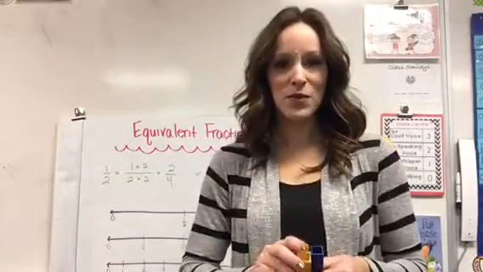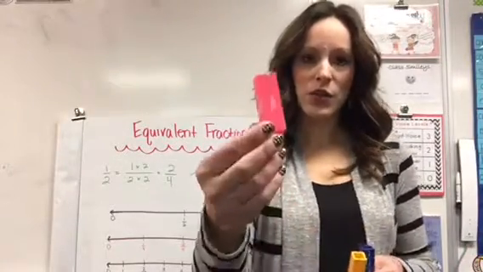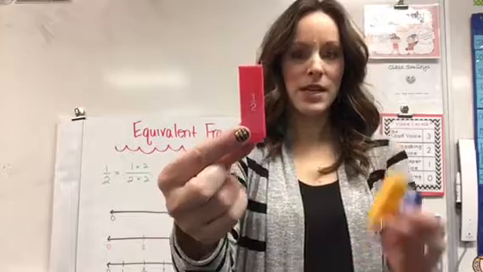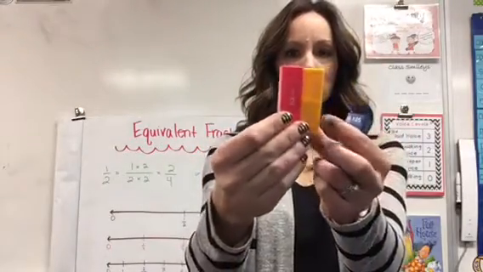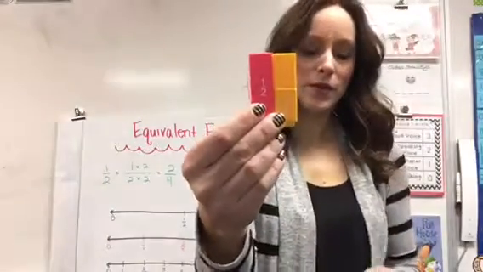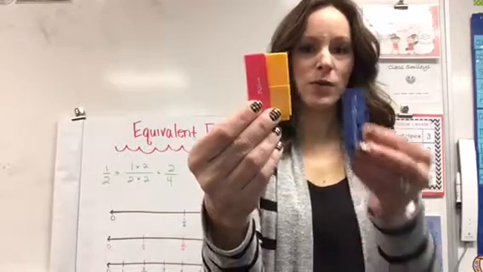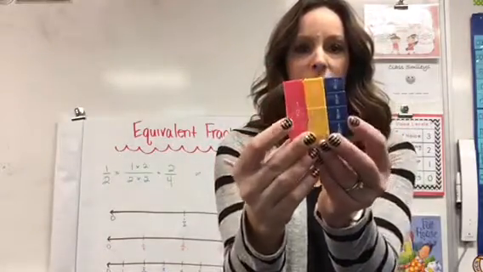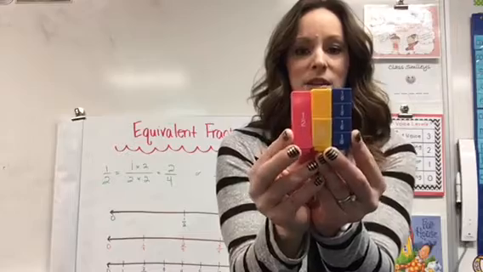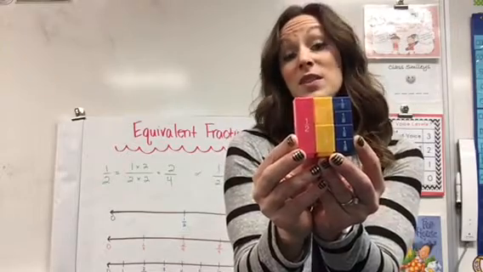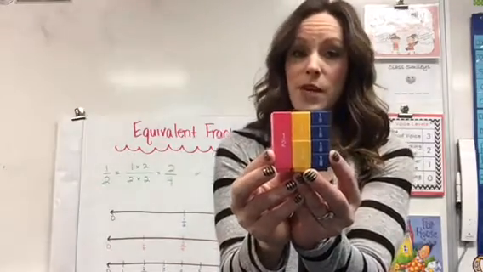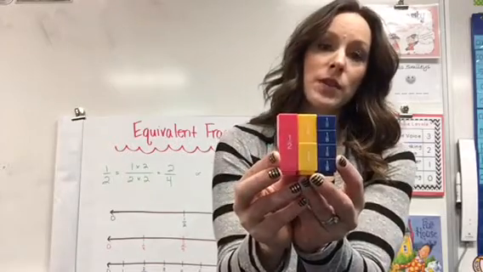Okay, just to help you visualize this a little bit more, I want to show you how 1/2 is equivalent to 2/4, which is also equivalent to 4/8. They take up the same amount of space. They're the exact same size because they're the same fraction with different numbers. So these are equivalent fractions.